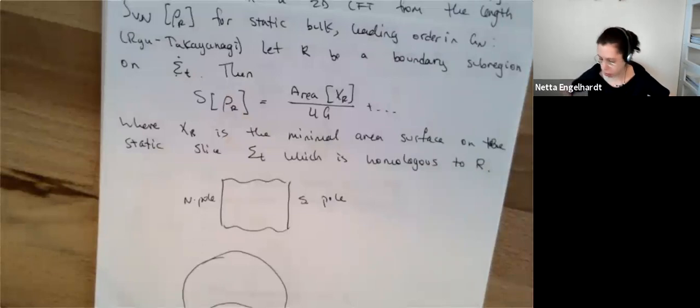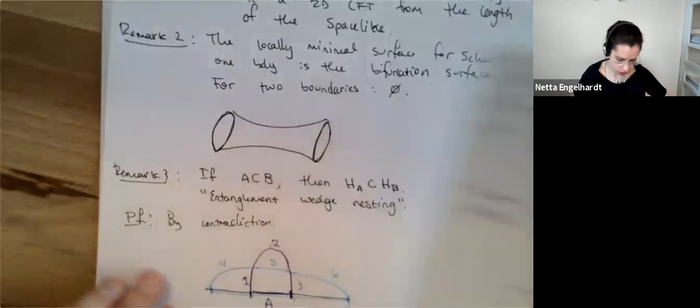Homologous to both boundaries means that there exists a hypersurface H whose boundary is, let me open a new page for this.